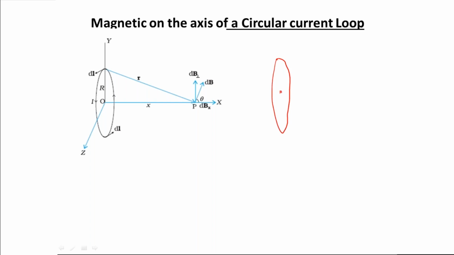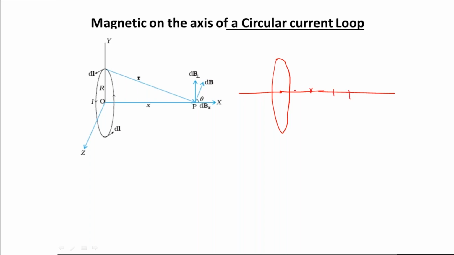We always become a little confused with the word axis. In this case, if you have a bicycle, you know that you have the wheel and the axle passes through the center, and around that the circular wheel rotates. That's why it is called axis. If you pass a metal shaft through the center of this loop, it is called the axis of the loop.